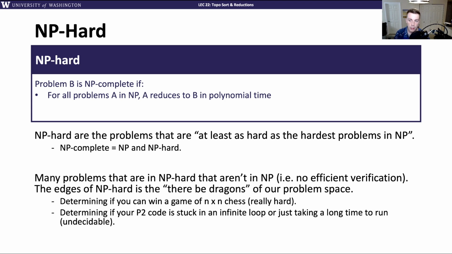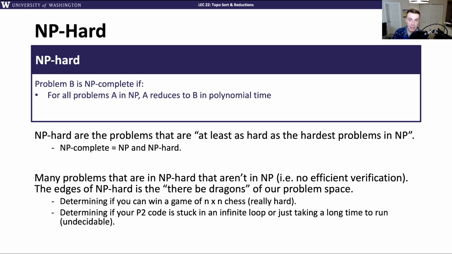So NP-hard is the set of problems at least as hard as the hardest problems in NP. That's like the intuitive way of trying to understand what this says. In general, you're just able to reduce any problem in NP to it. But we've removed the restriction that these have to be in NP.